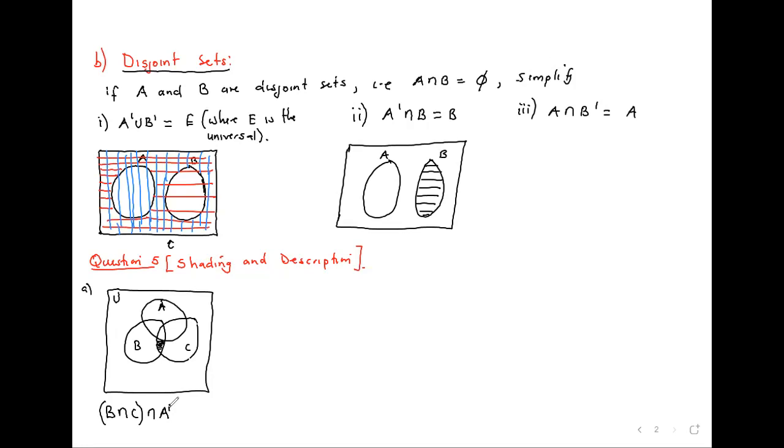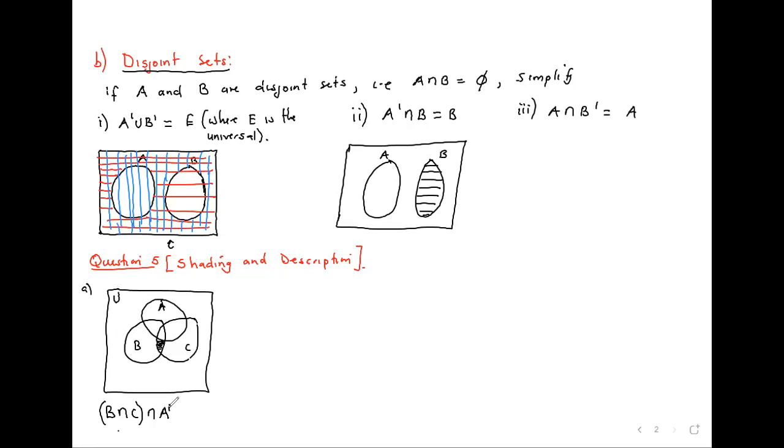Because B intersection C was the target of this shading, but then A came in. So A was left out. Because A was left out, we can say it's B intersection C minus A, which is the same as B intersection C intersection A complement.